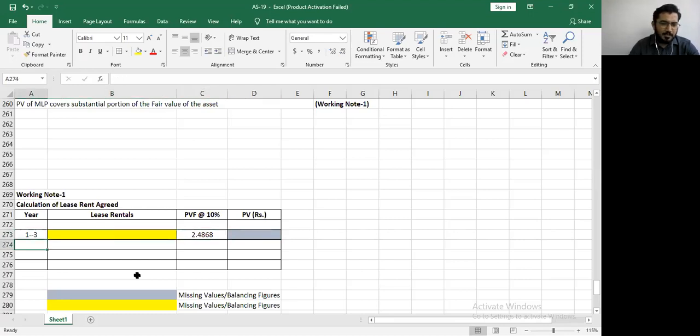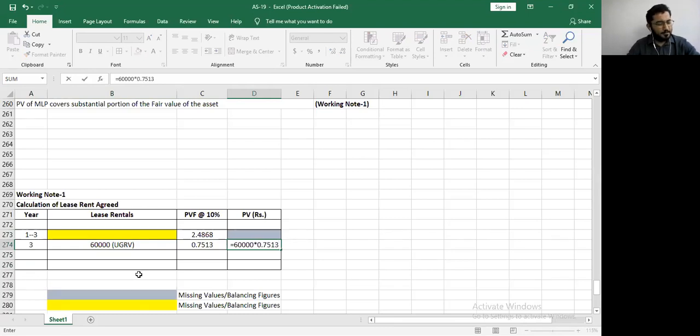Leave this blank as well. In the third year, you have an unguaranteed residual value of 60,000, multiplied by 0.7513. You get 45,078.